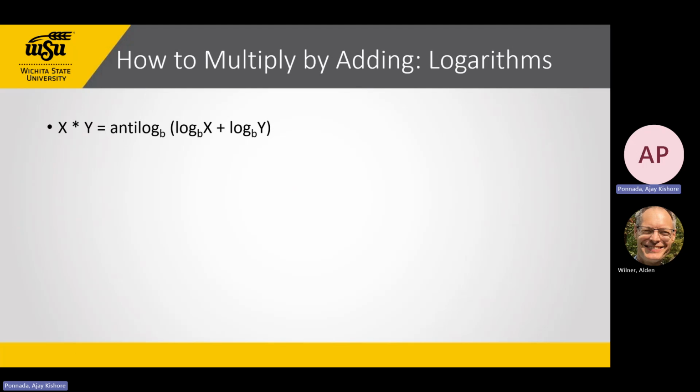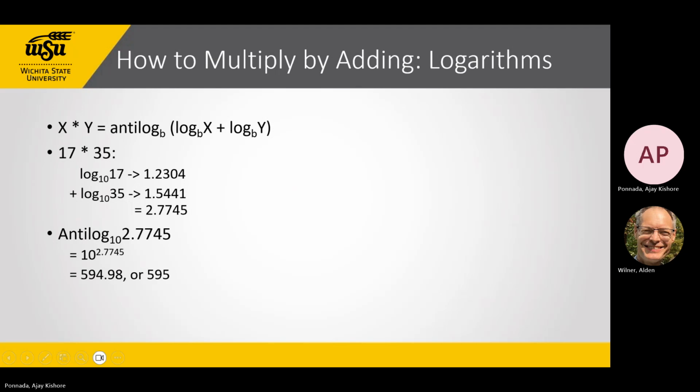So 17 times 35: log 17 is 1.23, and log 35 is 1.5441 if you use a calculator. If we add those two, we get 2.7445. The antilog of 2.7445 is 595.